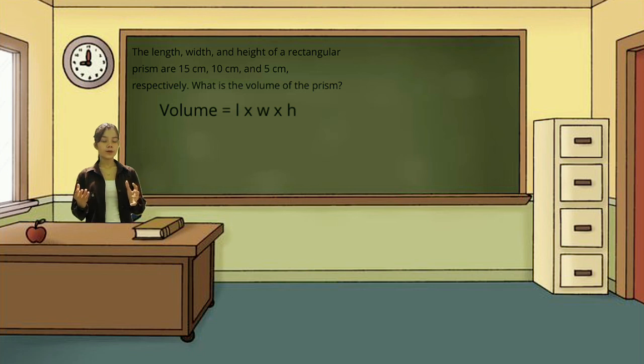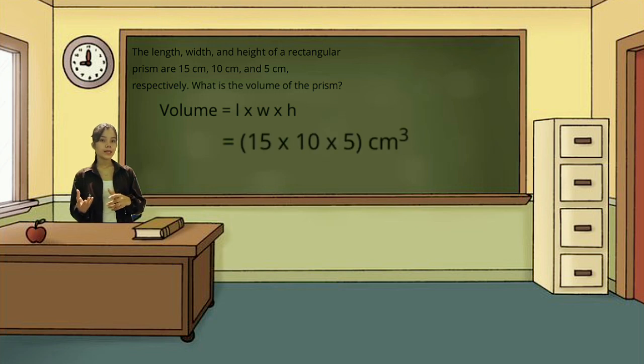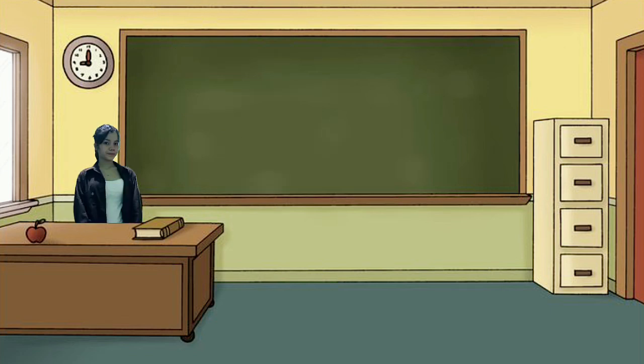So V is equal to the length, 15 centimeters, times the width, 10 centimeters, times the height, 5 centimeters. We will multiply the 3. So 15 centimeters times 10 centimeters times 5 centimeters is equal to 550 cubic centimeters. So that is the answer, 550 cubic centimeters.